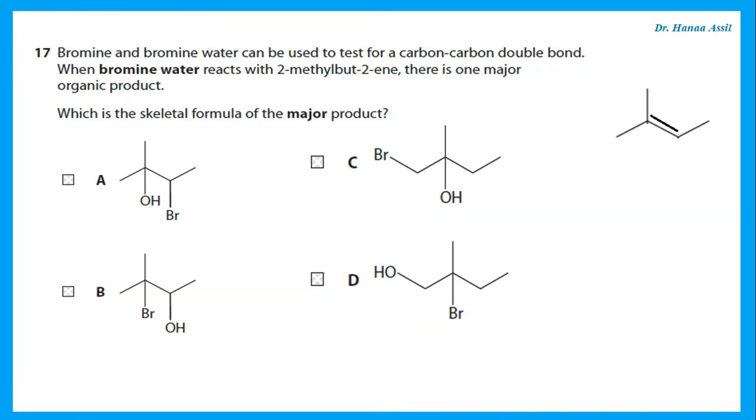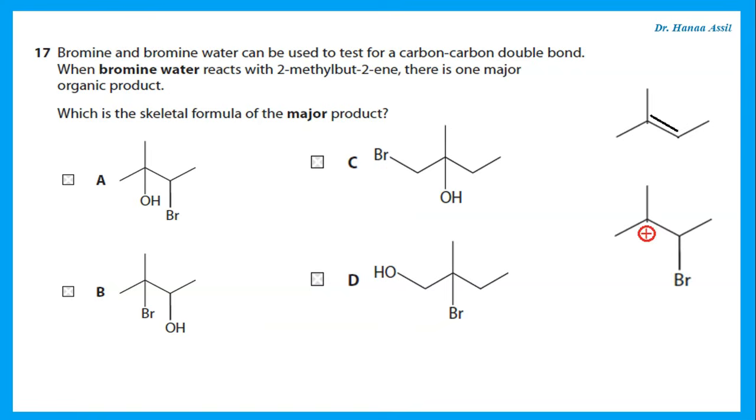And remember that when we react a double bond with bromine water, we put bromine first on one carbon and then the OH on the other carbon. So the question is, where will the bromine be placed and where will the OH be placed? First of all, we place it on the two carbons that have the double bond. So C and D are totally wrong.